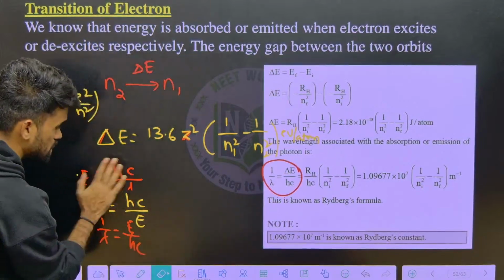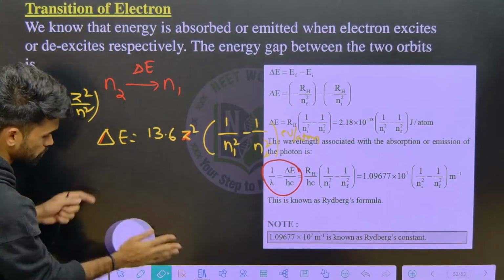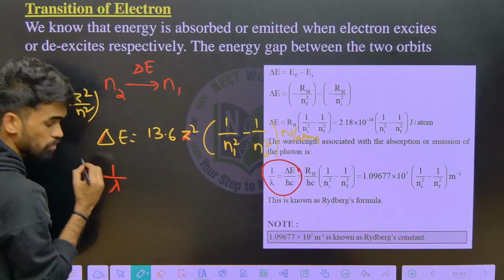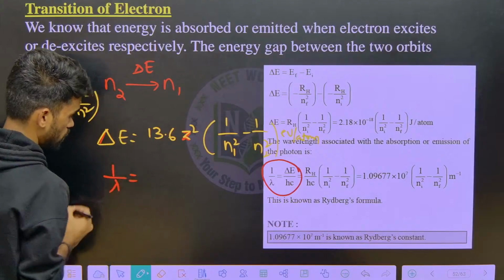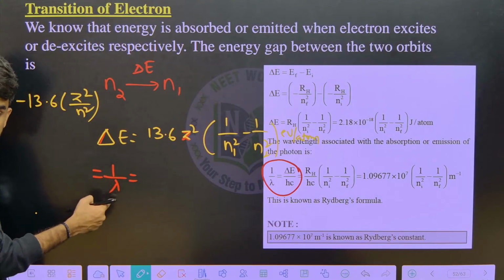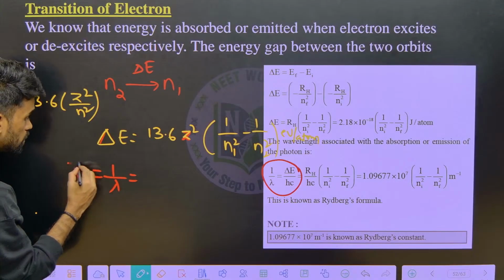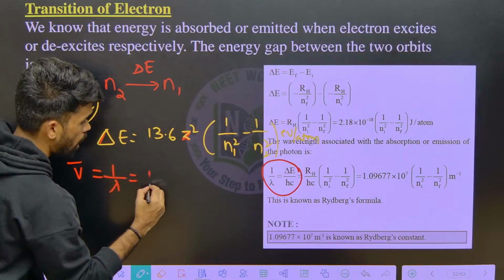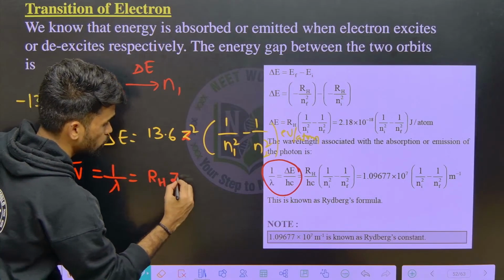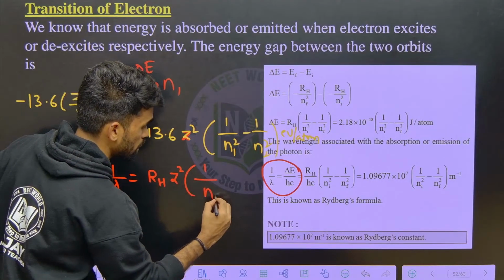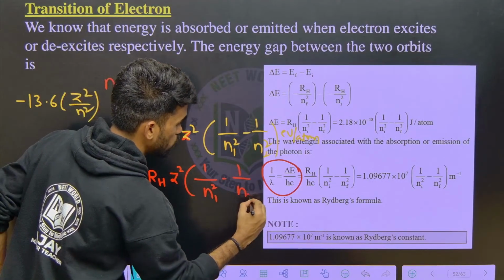Now you just remember this formula, and here one more formula I am saying: 1 by lambda equals R_H Z square into 1 by n1 square minus 1 by n2 square.